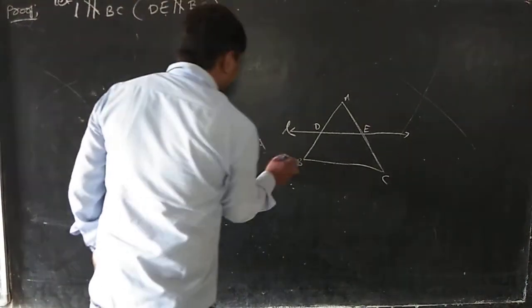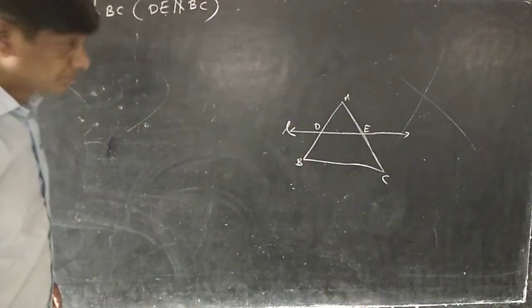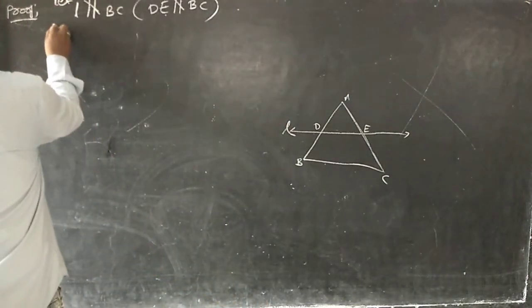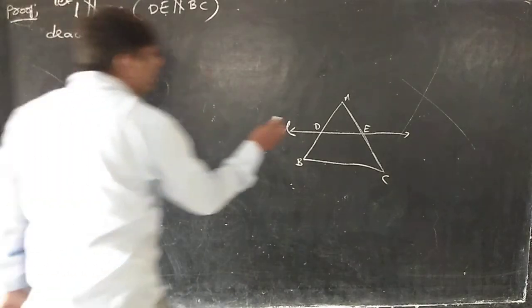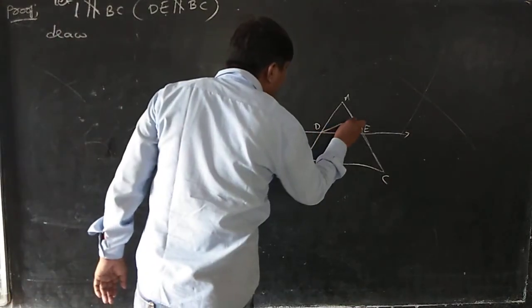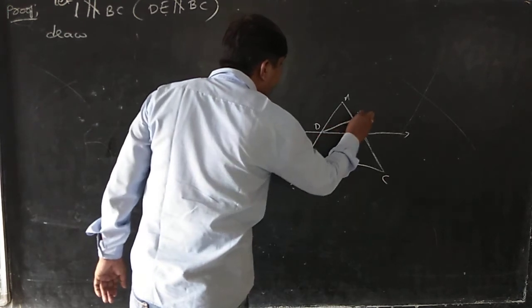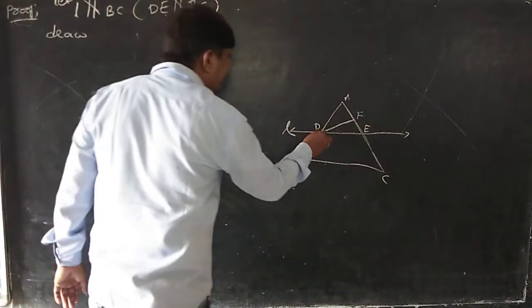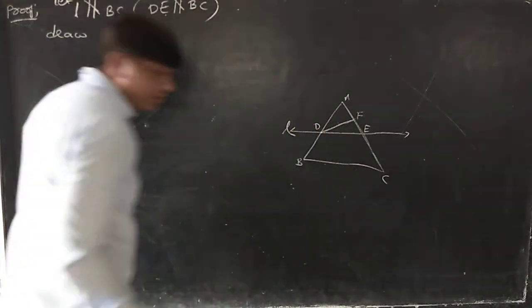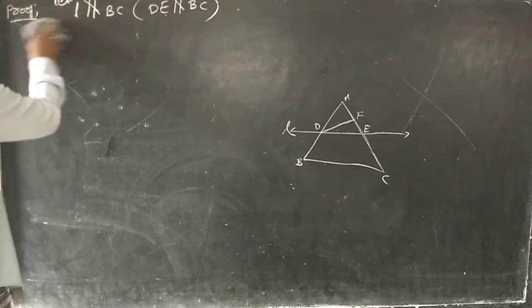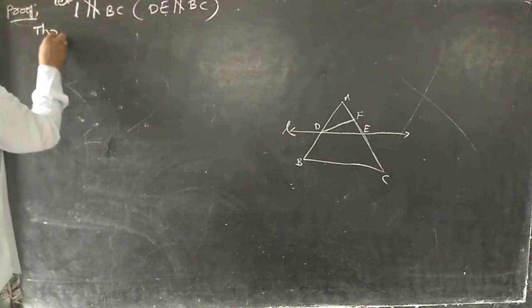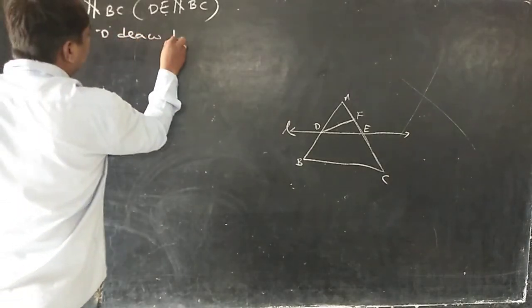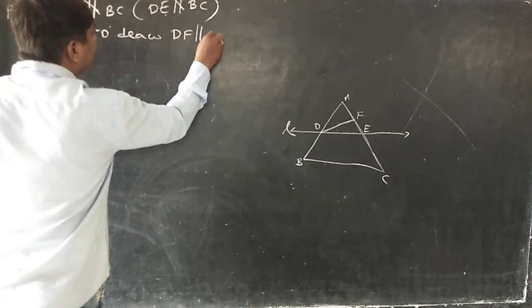Okay, so since L is not parallel to BC, draw DF parallel to BC. Since DE is not parallel to BC, through D draw DF parallel to BC.